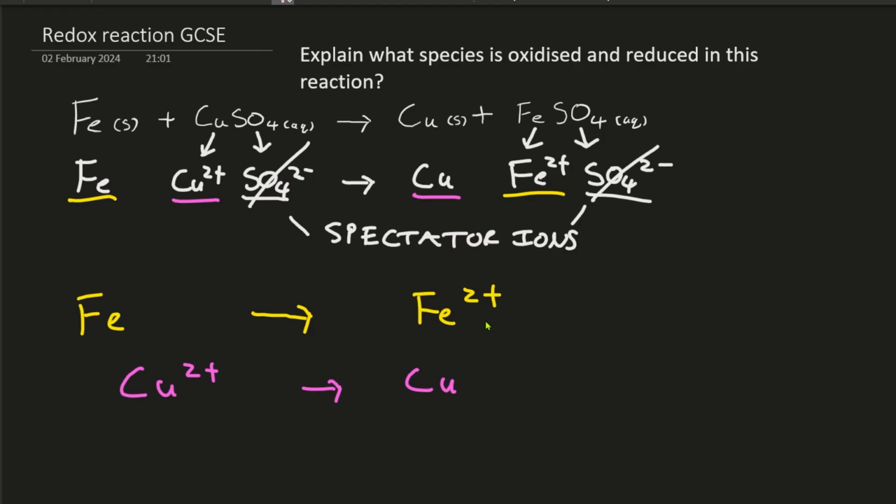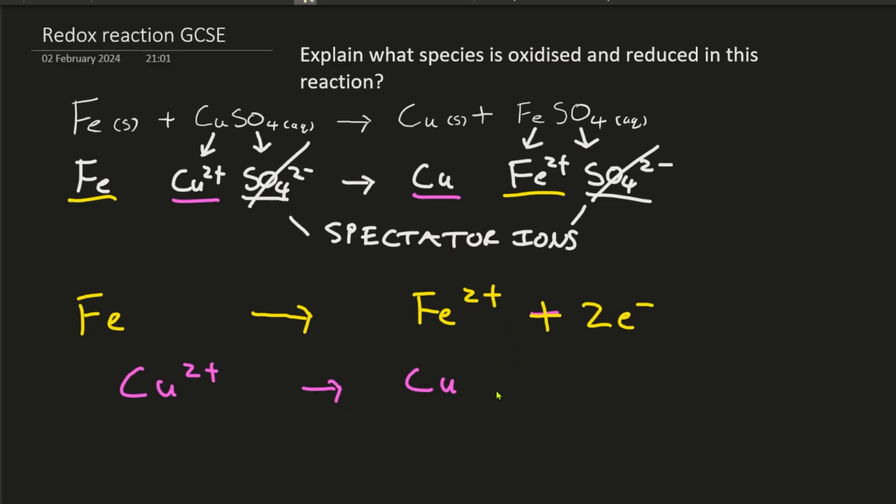A 2+ charge on the right hand side means there must be a 2- charge to balance it. So we've lost 2 electrons, so we're going to add those 2 electrons. So we've got 2 electrons added. This is lost because it's on the right hand side, and it's also balanced because you've got 2 electrons and 2 positive charges. So we've made sure that we've ticked all of those boxes.